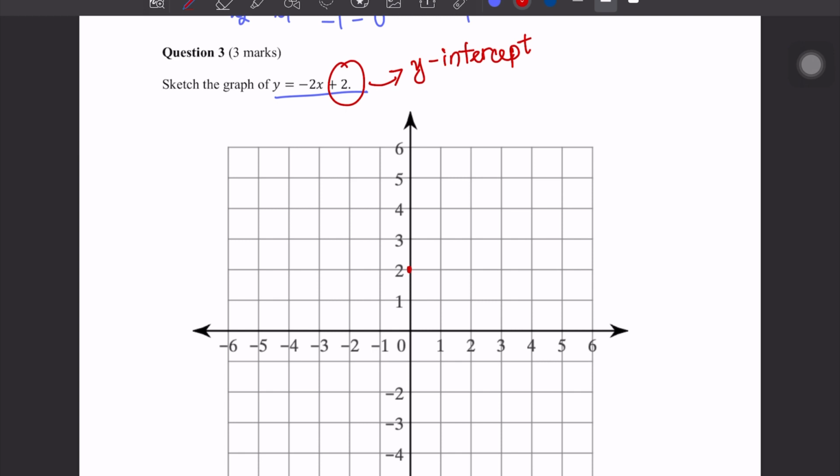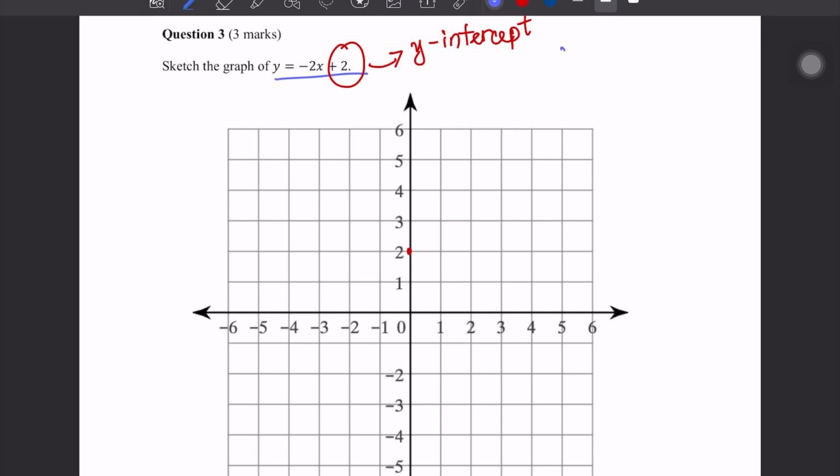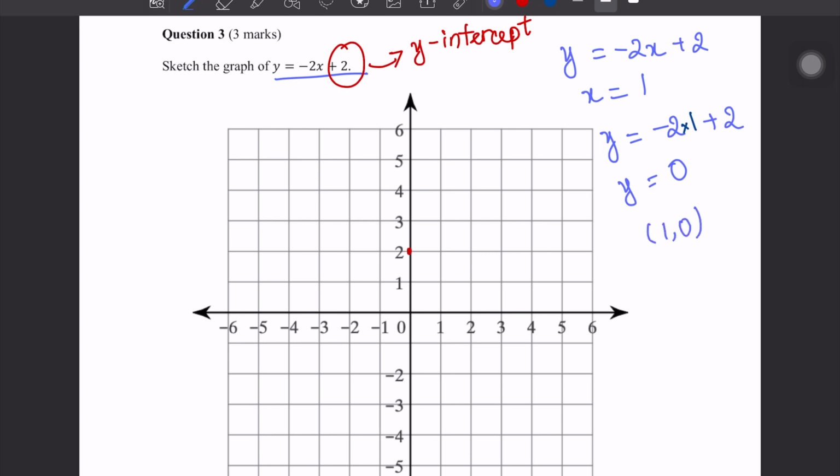For me, I will choose x equals 1. y equals -2x plus 2. y becomes -2 times 1 plus 2. y equals -2 plus 2 equals 0. So the next point you will have is (1, 0). x equals 1 and y equals 0. It will be this point.